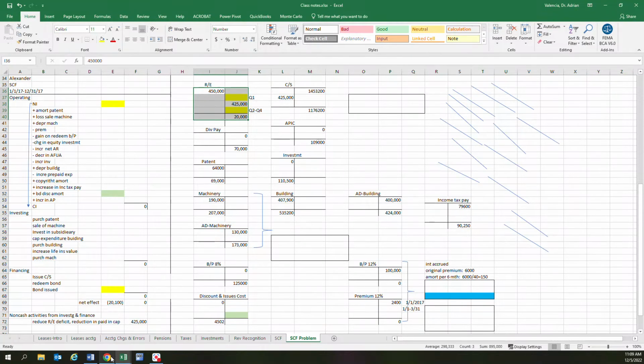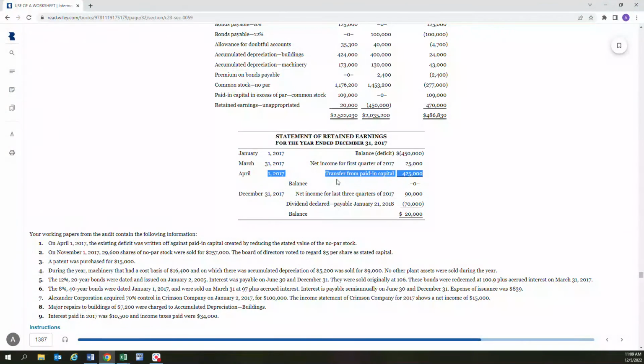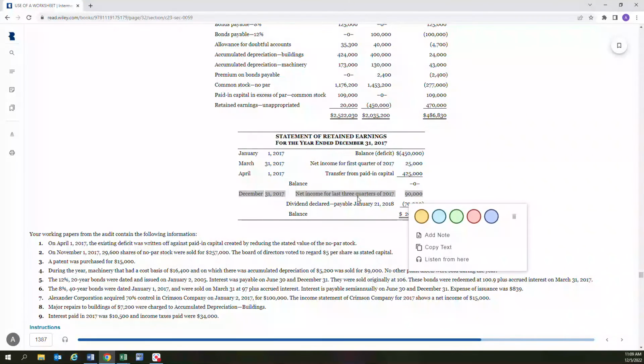So let's go ahead and keep looking at what they gave us here. Net income for the year was made up of 2 entries. One was for the first quarter, 25,000, and then for the last 3 quarters, it was 90,000. So there were 2 amounts that were closed during the year to retained earnings for net income.